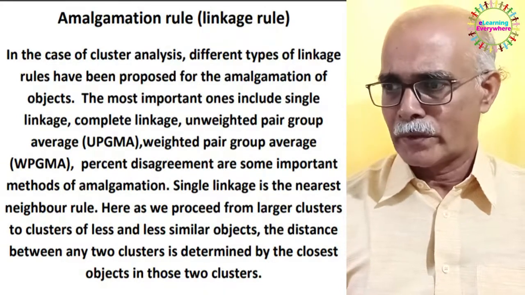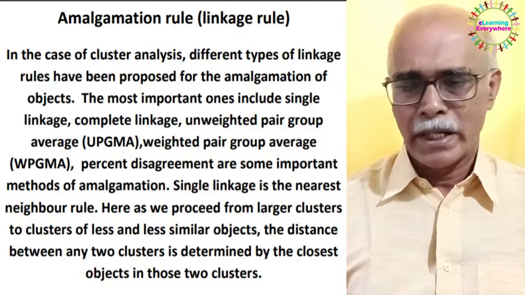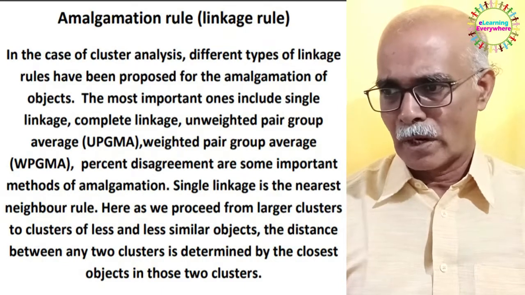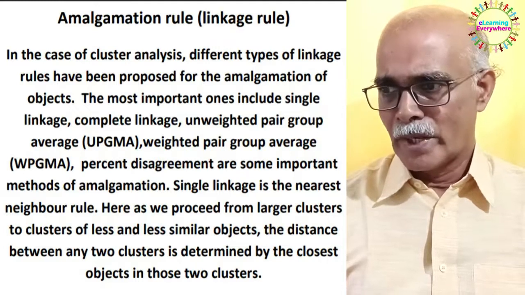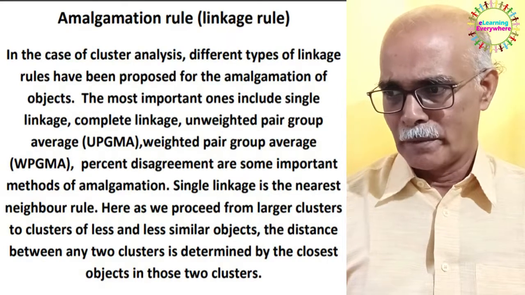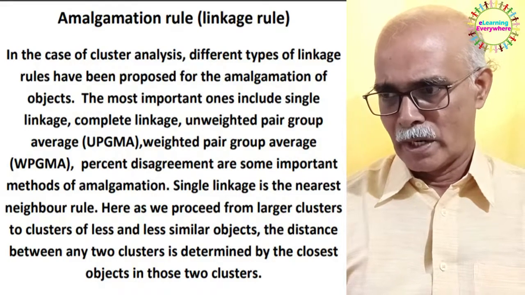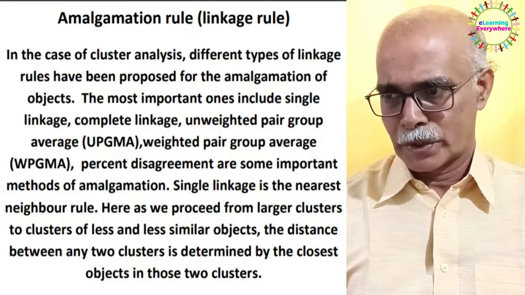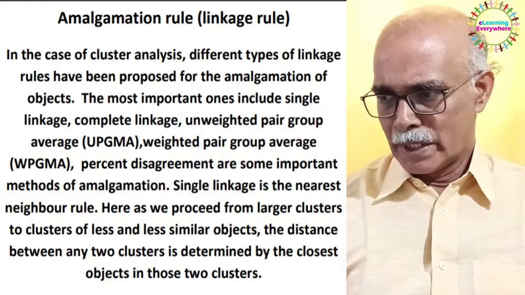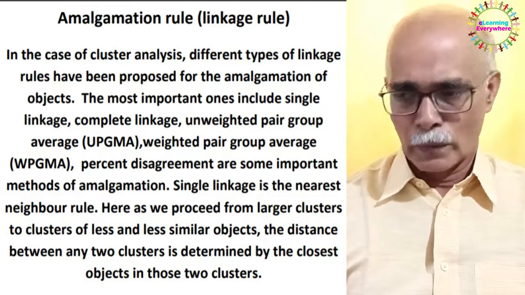The most important ones include single linkage, complete linkage, unweighted pair group average or UPGMA, weighted pair group average or WPGMA, percent disagreement, etc. are some of the most important methods of amalgamation proposed. Single linkage is the nearest neighbor rule.